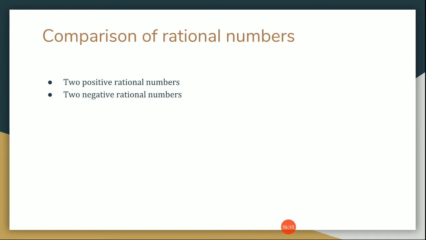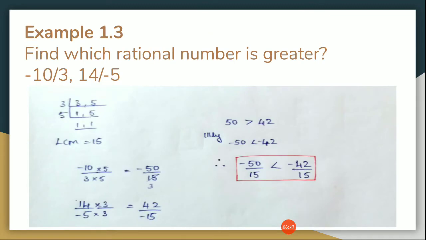Same thing we are going to do for two negative rational numbers. You are going to take LCM, that is, generally you are going to make the denominators equal. So the given question is minus 10 by 3 and 14 by minus 5.